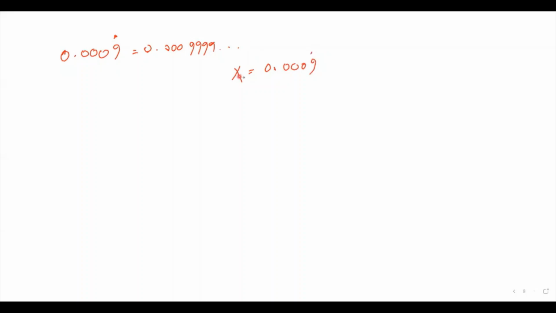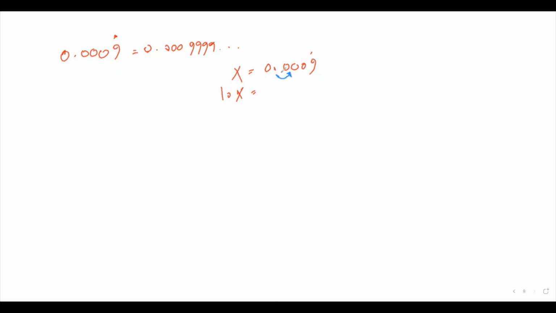Now I have to multiply both by 10 because the digit that keeps repeating is only one digit. So that's 10x. And if you multiply this by 10, so maybe I can show you with another color, the decimal point is pushed one position to the right.